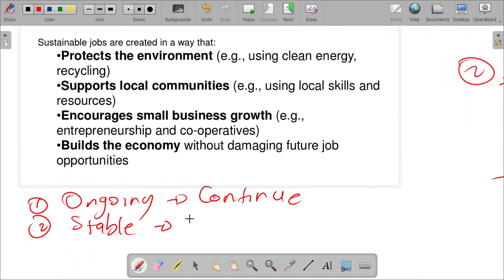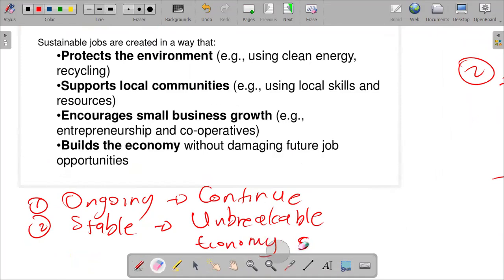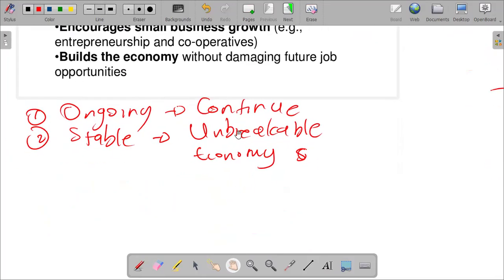So the jobs must be unbreakable, so to put it. Even if the economy collapses, the jobs are always there.